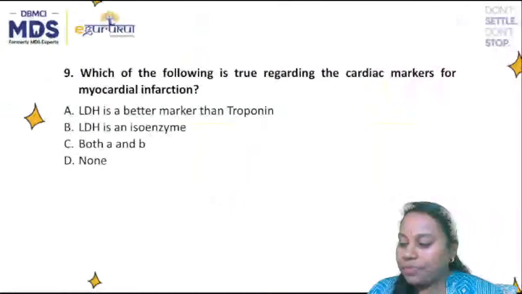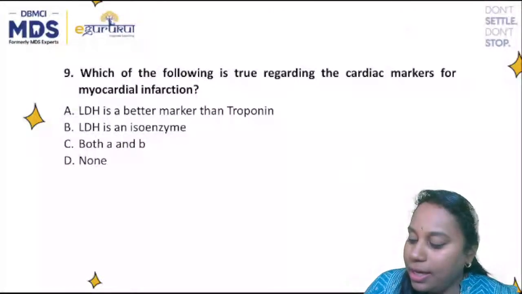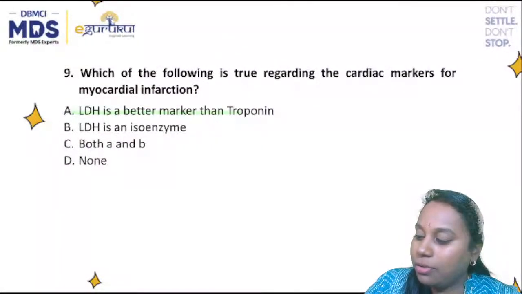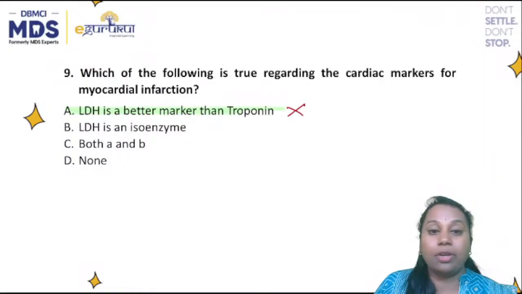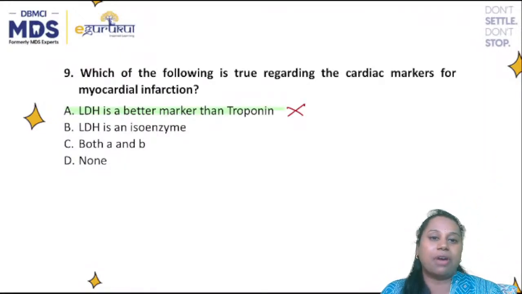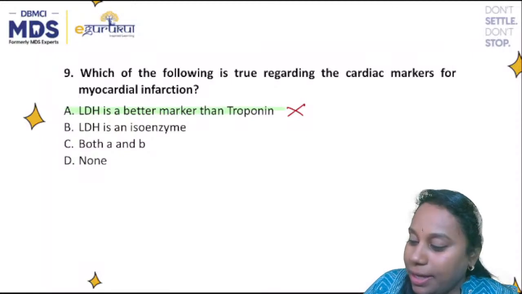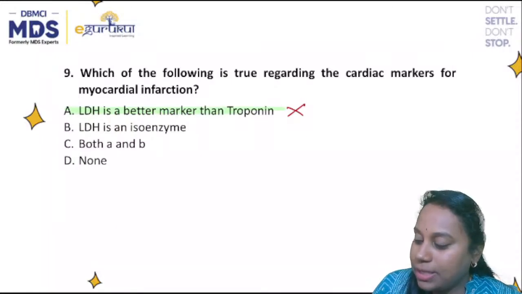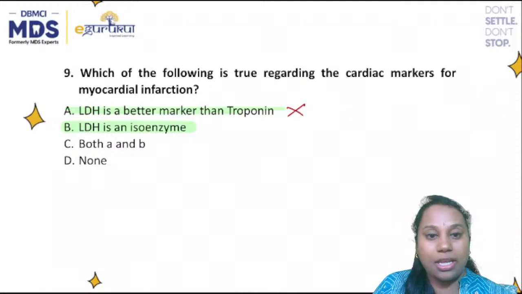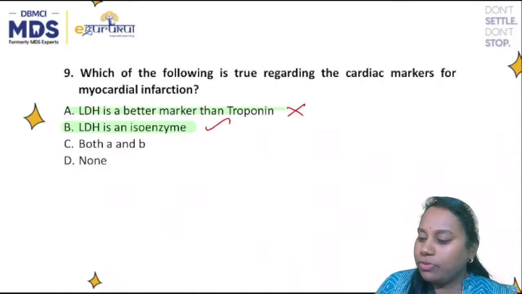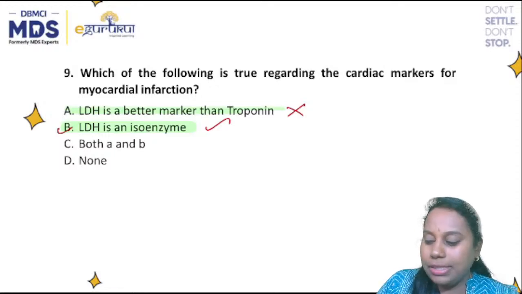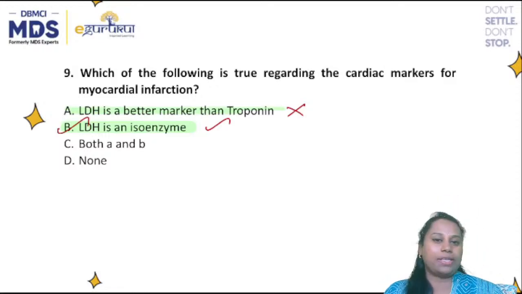So from this, we understand that the statement that LDH is a better marker than troponin is wrong, because troponin only is the most specific marker, and LDH is an isoenzyme. Yes, LDH is an isoenzyme. This is correct. So which of the following is correct? Option B is right. LDH is an isoenzyme.